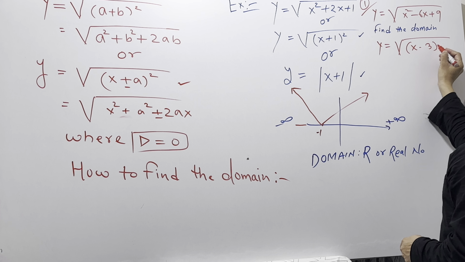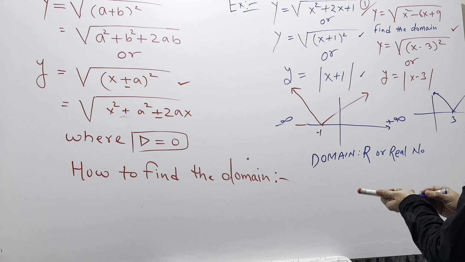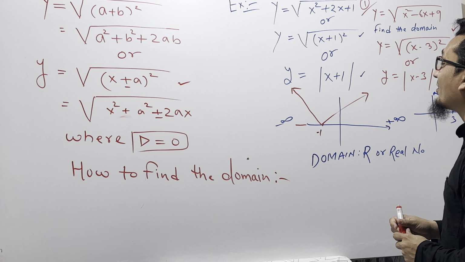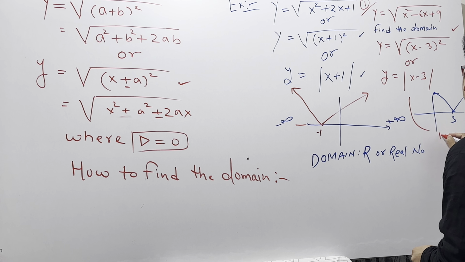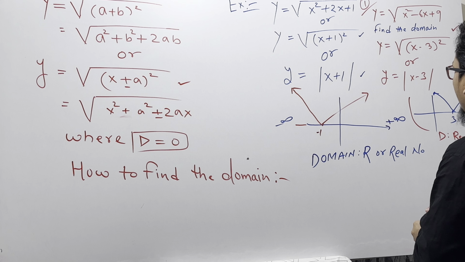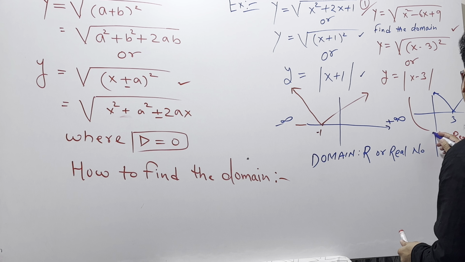The graph of mod of x minus 3 shifts to the positive side, at 3, for example, so just draw this line. The domain of the modulus function is always the real numbers, so you can say the domain is the real numbers, or minus infinity to positive infinity.